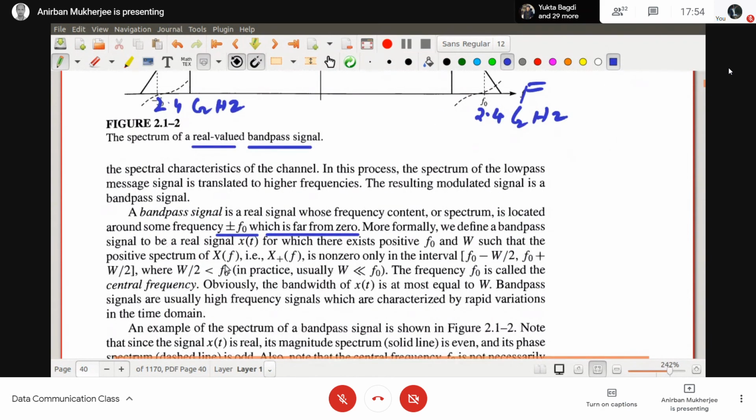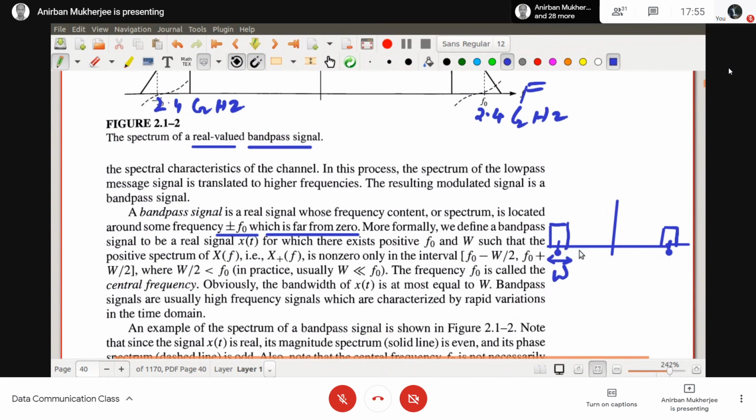Usually we say that I have a bandpass signal, something like this. This is F0 and minus F0, and this is some sort of W. So that means F0 minus W by 2 to F0 plus W by 2, or minus F0 minus W by 2 to minus F0 plus W by 2.